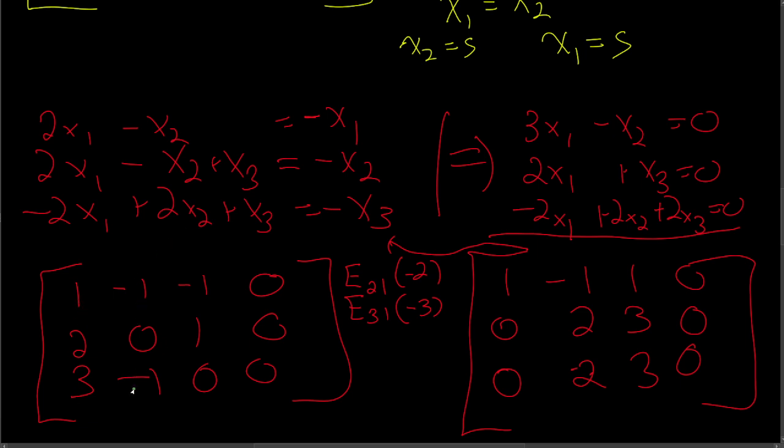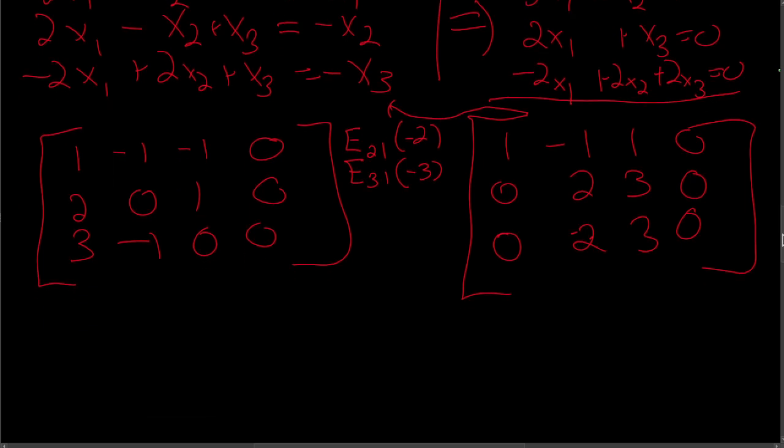Positive 3 plus negative 1 is positive 2. And positive 3 plus 0 is 3. Yeah, so we've got two equations that are the same.